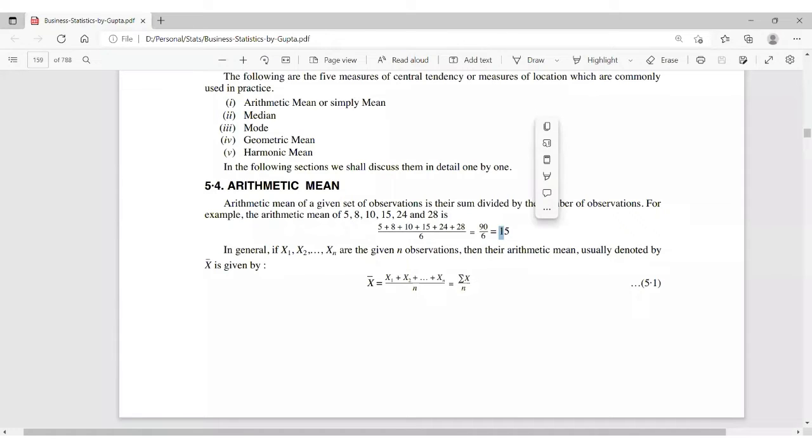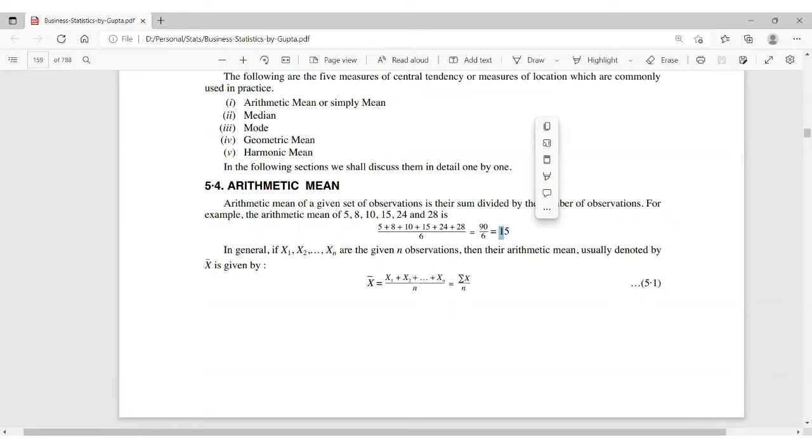Now, second thing: if we replace 5 by 15, 8 by 15, 10 by 15, that means if we replace all the values by 15, the sum of all the values of 15 equals the sum of these observations.